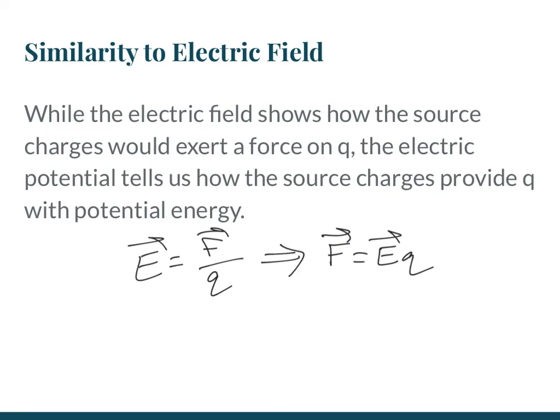So electric potential is a field. It tells us at every point in space how the source charge would provide some arbitrary charge with potential energy.